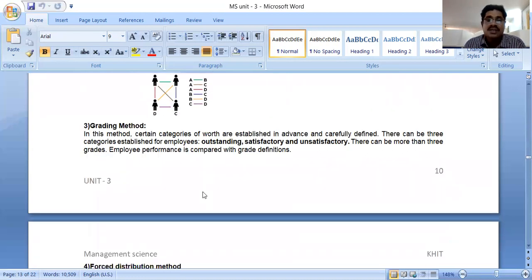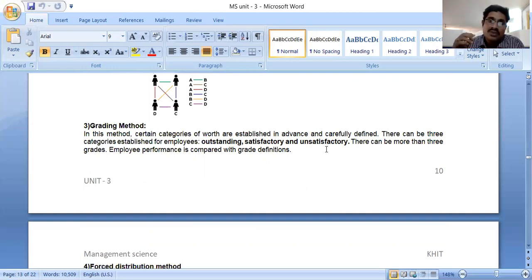And coming to the third thing, the grading method. Here the total employees' performance is checked in three categories, three grades: outstanding performance, satisfactory performance, and unsatisfactory performance. Employees' performance is checked by the supervisor using the grading method.